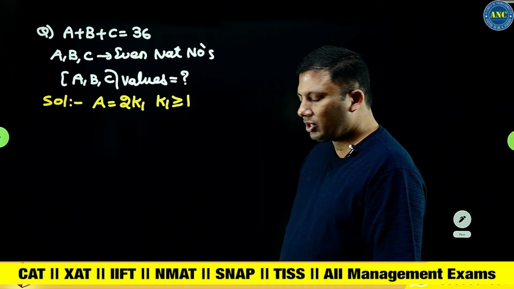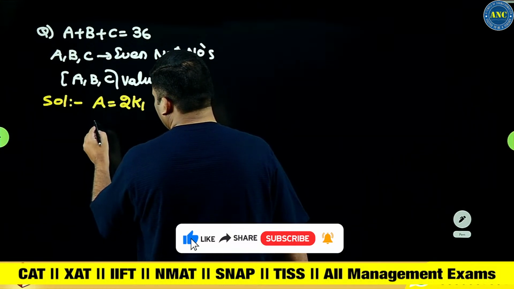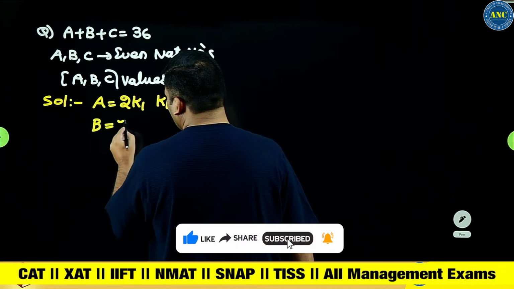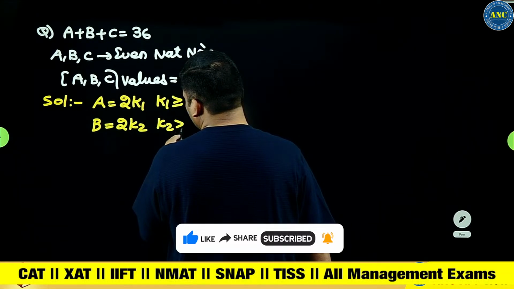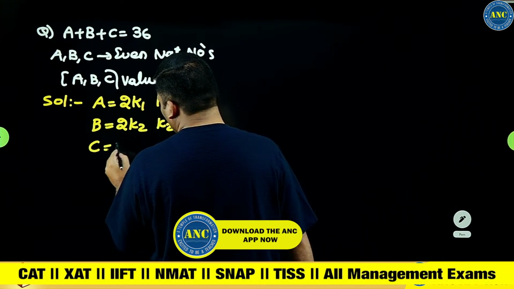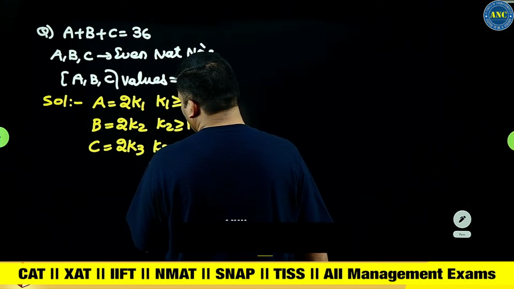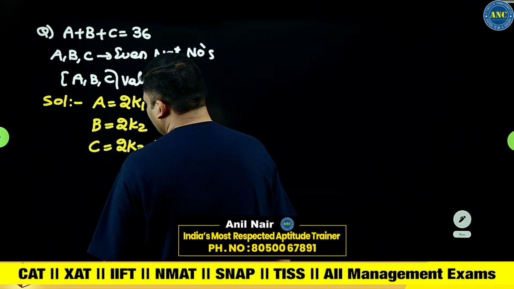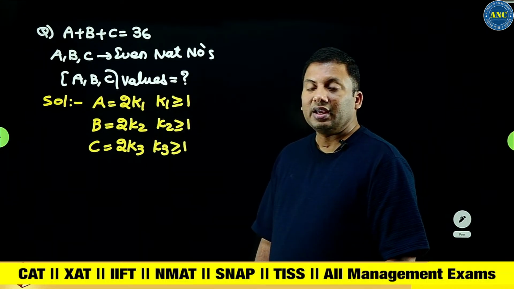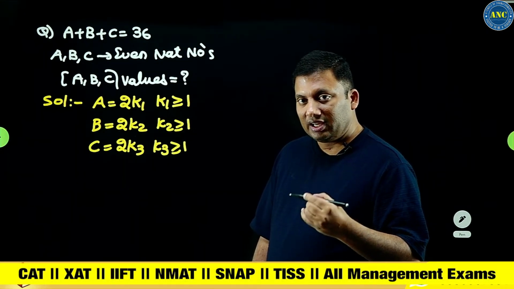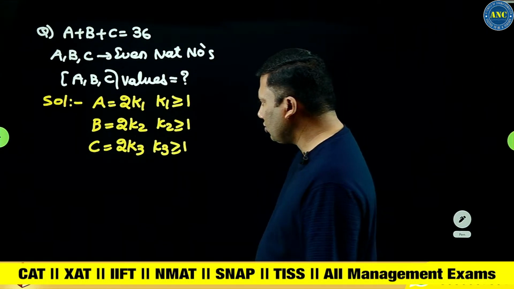A is 2k1 because it's an even number, B is 2k2 and C is 2k3, with K1, K2, K3 ≥ 1.